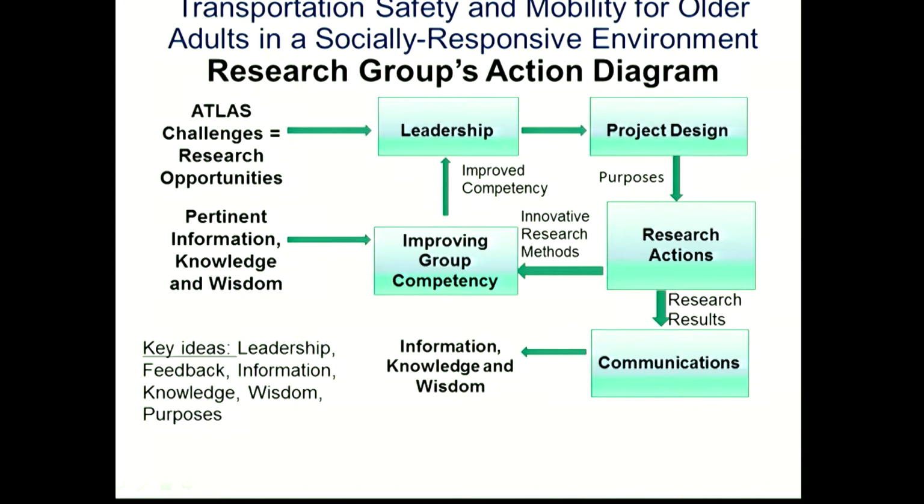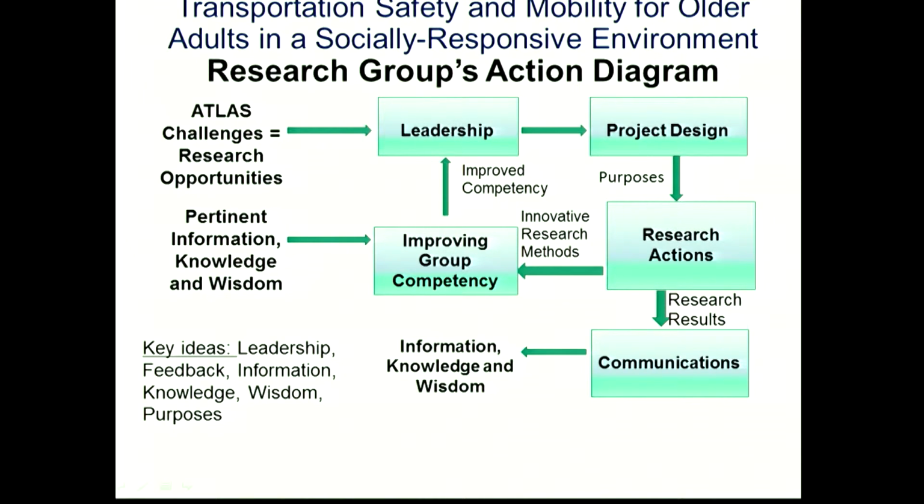So I want to at least give you some idea, what do we mean by leadership? What do we mean by feedback? And you can't see feedback up here unless you follow the arrows, because the definition of leadership that applies, in my thinking at least, is the ability to reconcile opportunity with competency.